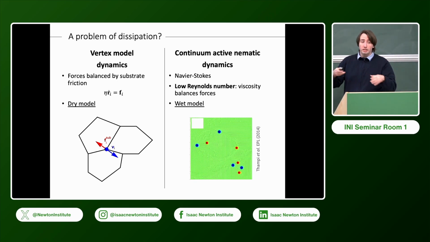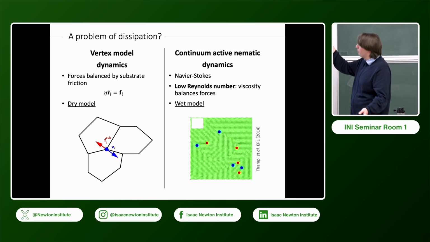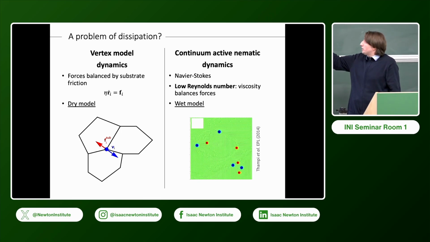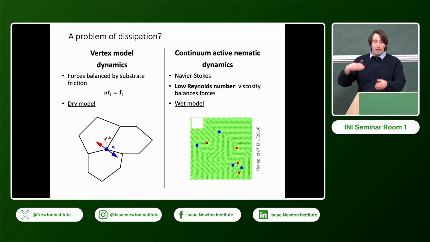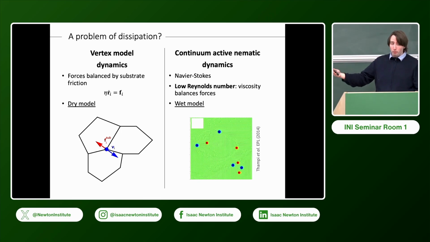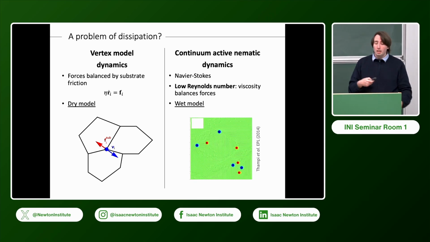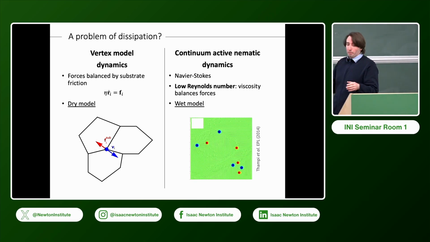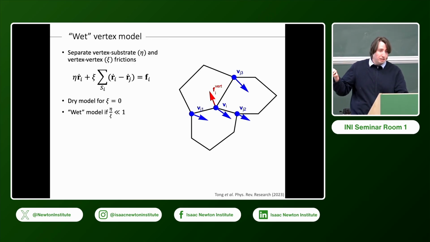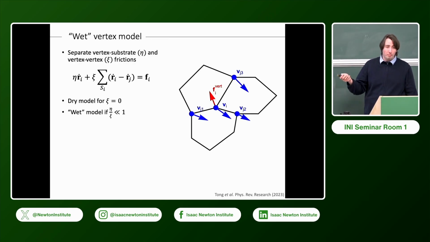Substrate friction is what's dominating the dynamics. On the other hand, the continuum models are Navier-Stokes. At low Reynolds numbers, what's balancing out your active and passive forces is viscous dissipation as opposed to frictional dissipation. So can we do something like a wet vertex model and see if that fixes our problem?